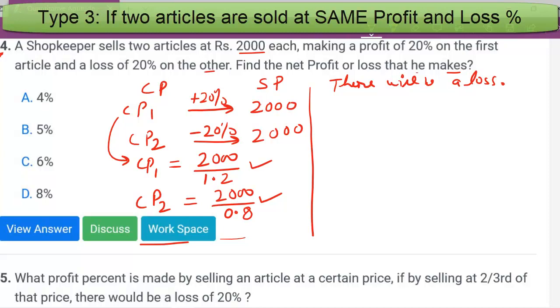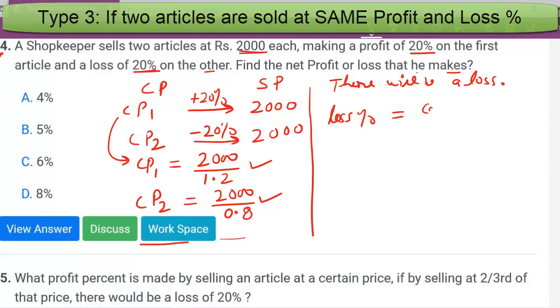The condition is that the selling price is the same for both the articles, and on one he is making a profit of 20%, and on the other he is making a loss of the same 20%.